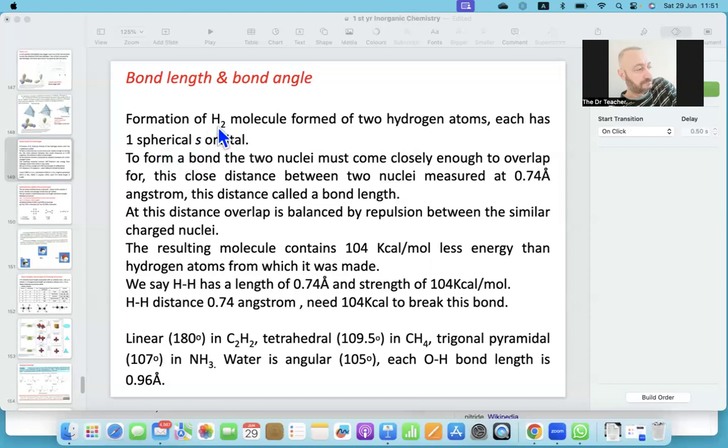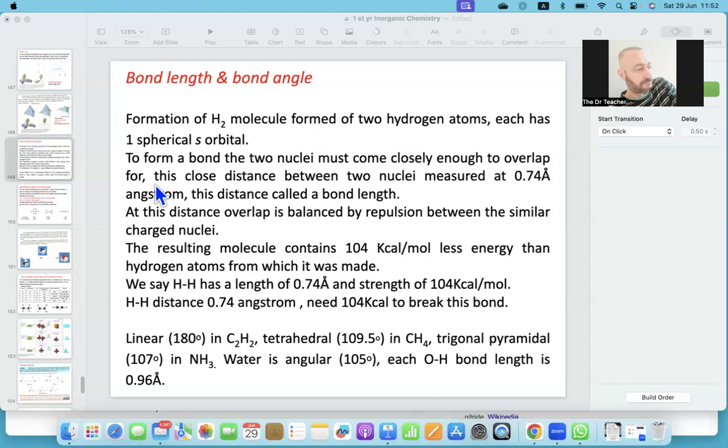So 1s means every s orbital is spherical. So two spherical orbitals and two hydrogens. To form a bond, the two nuclei must come close enough to overlap. How can we make a bond if every atom is at a far distance?